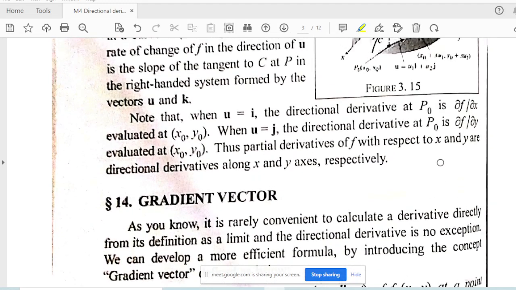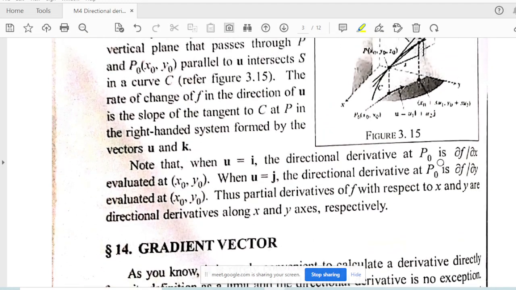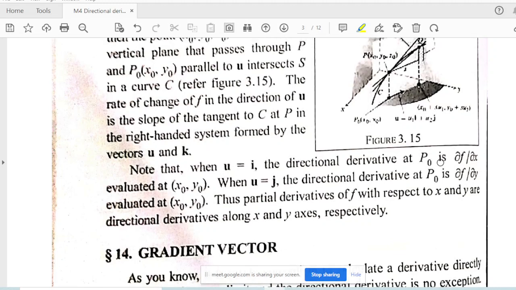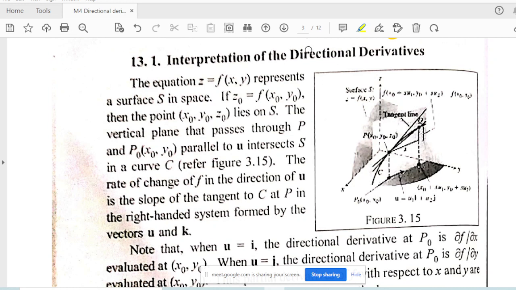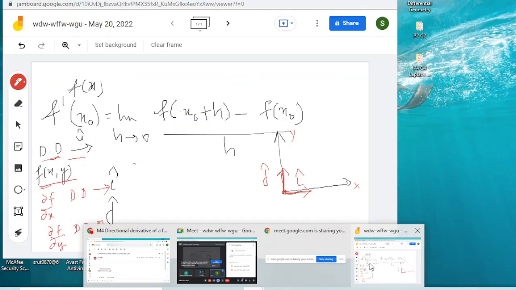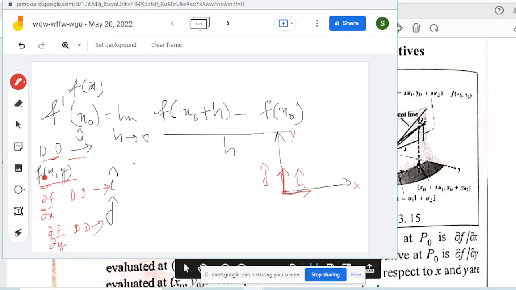You have already studied partial derivatives. Now, the interpretation of the directional derivative. We usually consider partial derivatives if we have a function of two variables f(x, y).